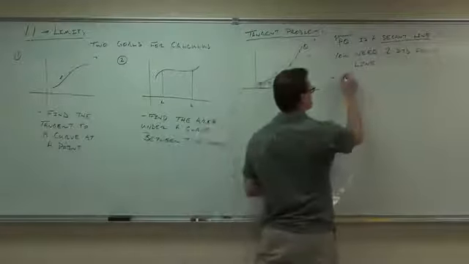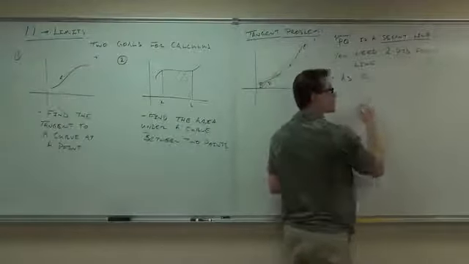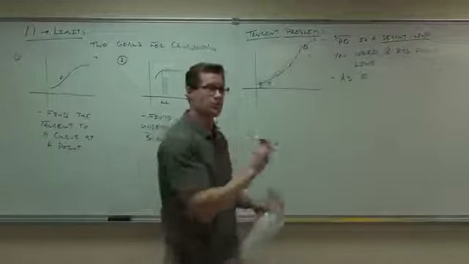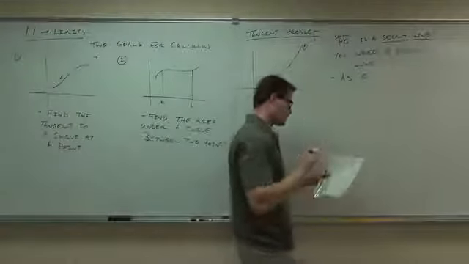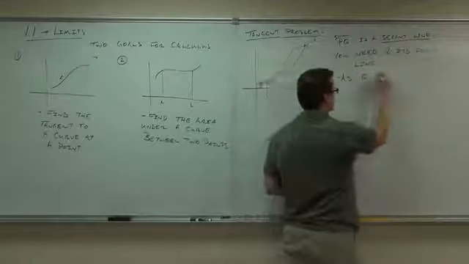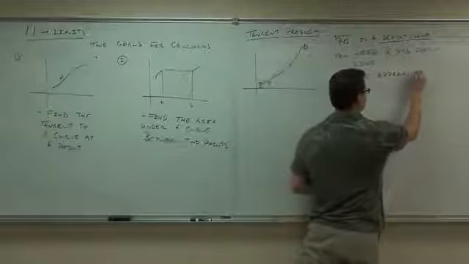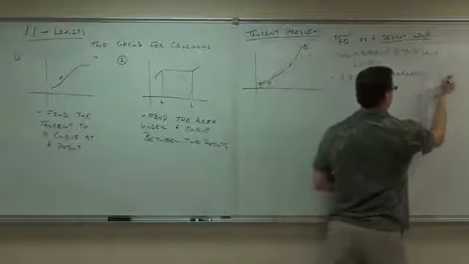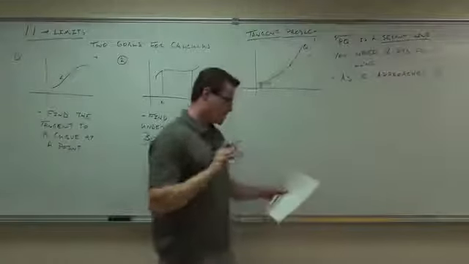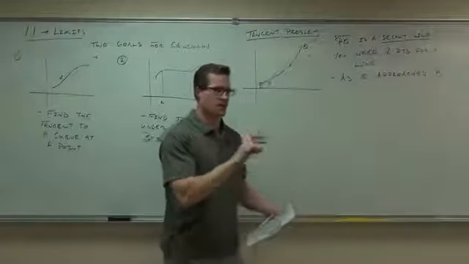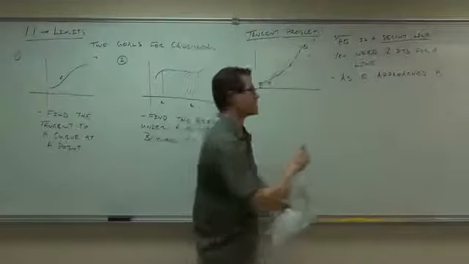So as Q approaches, I'm going to use that word, we're going to use that word limits as well. Approaches means gets closer to. As Q approaches P, we get closer to a tangent, or in other words, the secant more closely approximates the tangent.